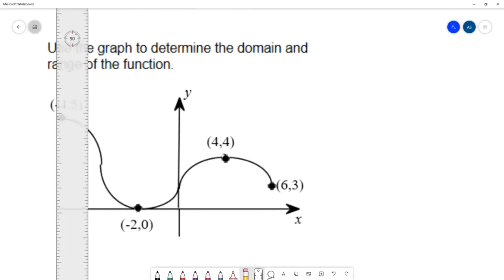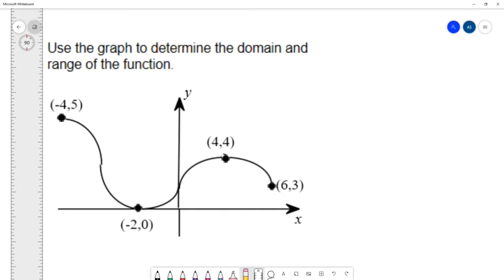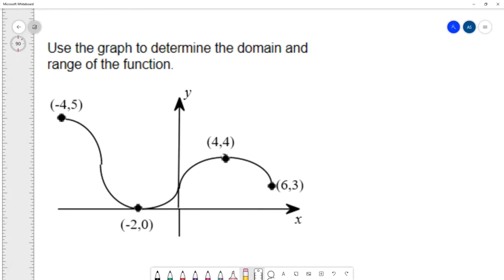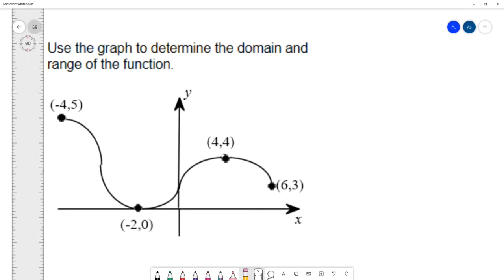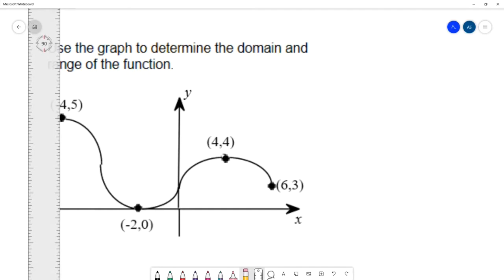So remember, with interval notation, we're looking for a lower bound. So I'm going to start on the left to find my lower bound. And this is the first time my ruler hits the graph, and it's going to help me identify when my domain starts.